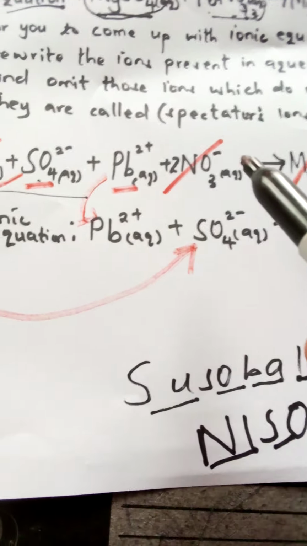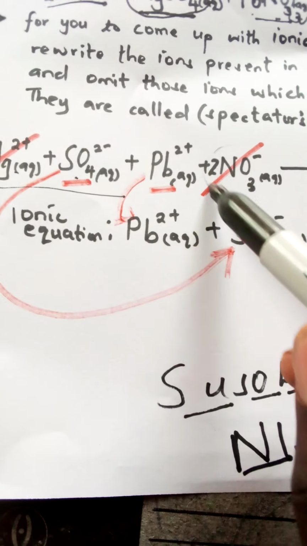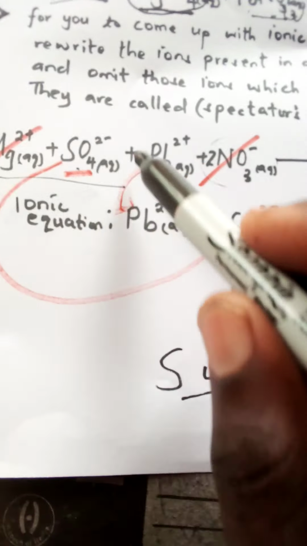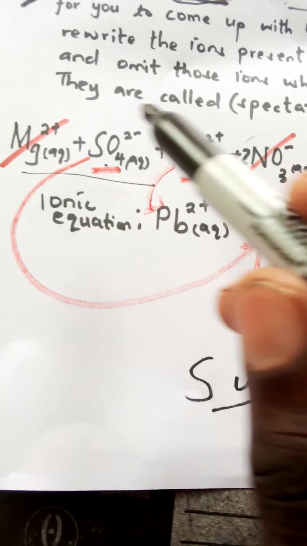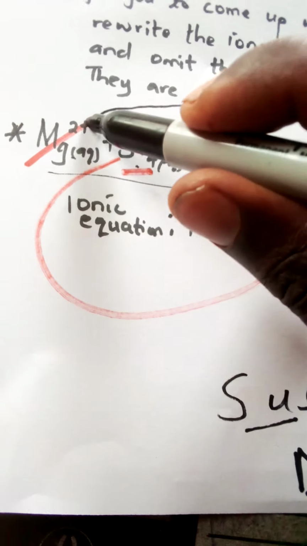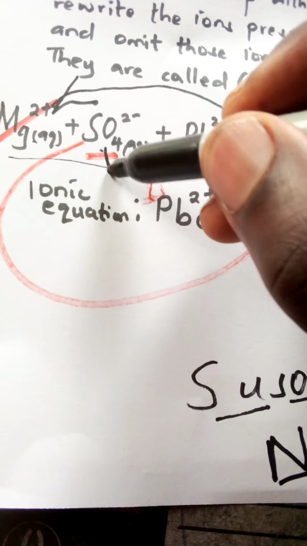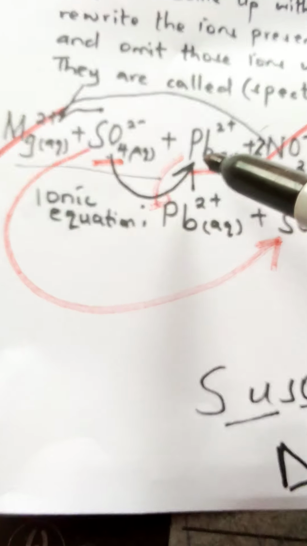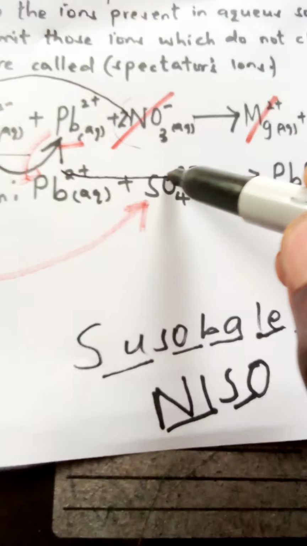As the reaction proceeds, it is only the ions of the salts which interchange. It means that the anion of lead will be taken by magnesium, and the anion of magnesium will be taken by lead. So lead will react with sulfate to form lead sulfate, which is a solid.